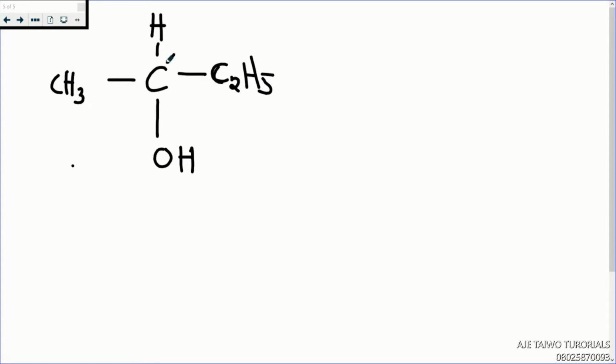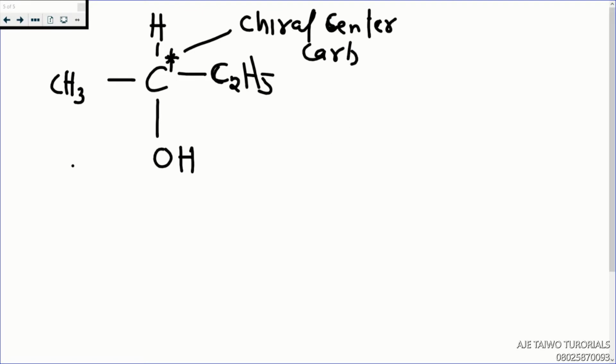Then this carbon, the asterisk carbon, is a chiral center carbon atom. That's a chiral or asymmetric carbon atom. That's what you are seeing there.